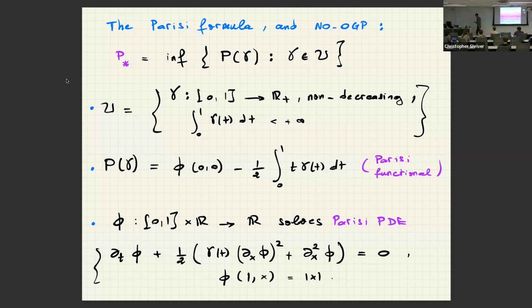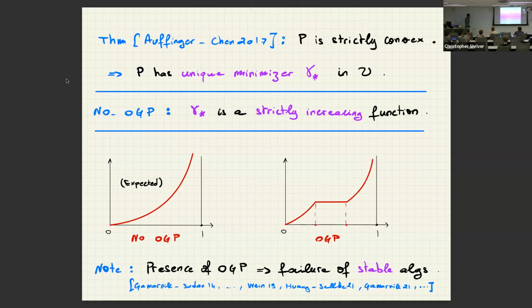So what do we know about the functional P? There's a theorem that says that this functional is strictly convex, which is very nice. If you want to minimize a convex function, you're in good hands. This implies, in addition to some other arguments about U being an open set, which may be a problem, so you're going to have to approximate U by a sequence of closed sets and whatnot, that there is a unique minimizer. And we're going to say that there is no overlap gap if gamma star is a strictly increasing function.